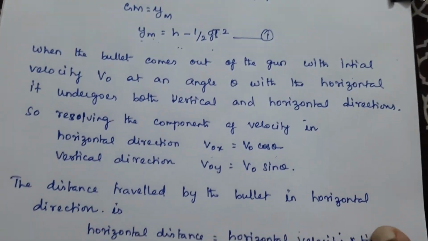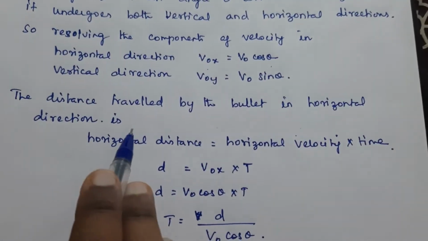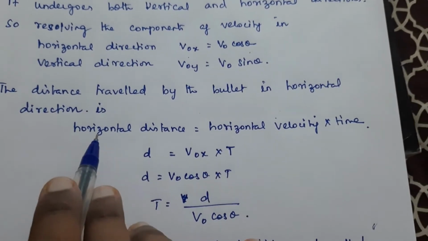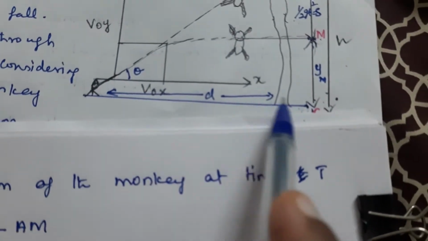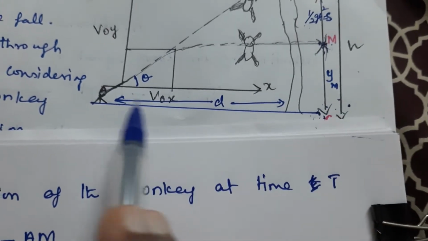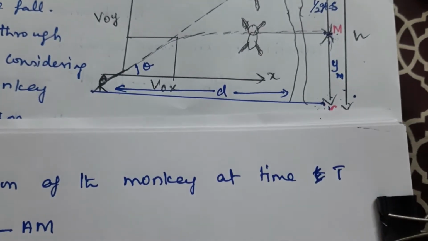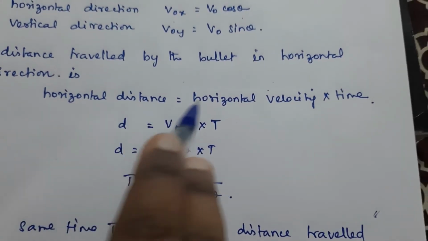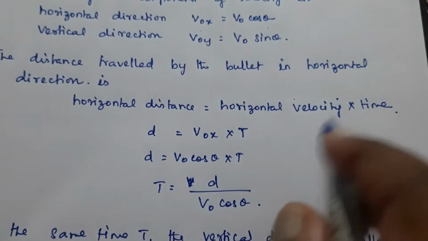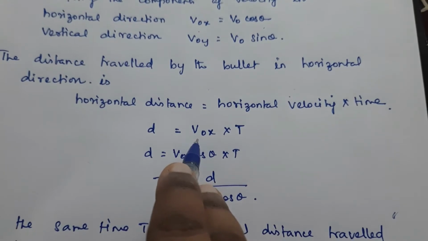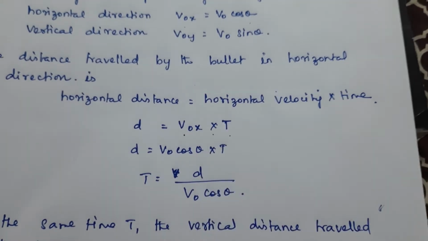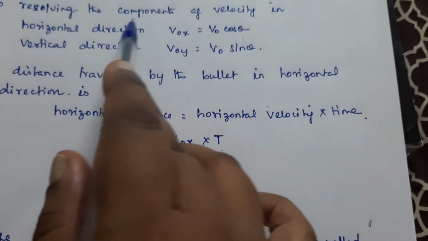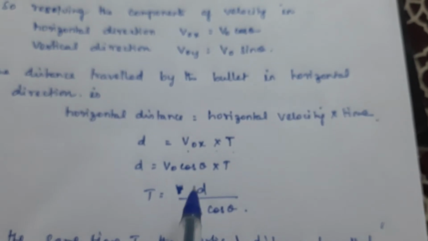Now we can calculate the distance traveled by the bullet in the horizontal direction. The horizontal distance is the horizontal velocity into time. The horizontal distance I am taking as d, and the time taken is capital T. The horizontal component of velocity v0x is v0 cos theta.